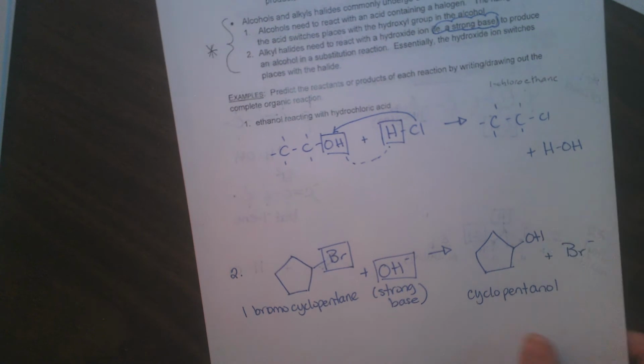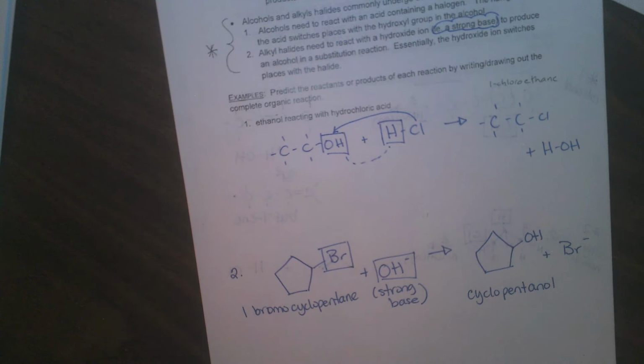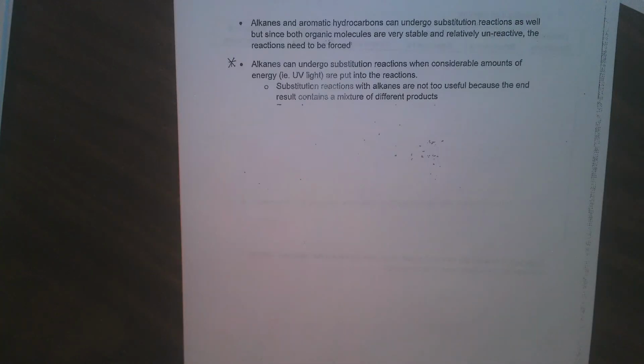Okay, there's more. So far we've got alcohols need an acid halide, and alkyl halides need a strong base. Alkanes and aromatics can undergo substitution reactions as well, but they are very stable and unreactive, so you have to force it.